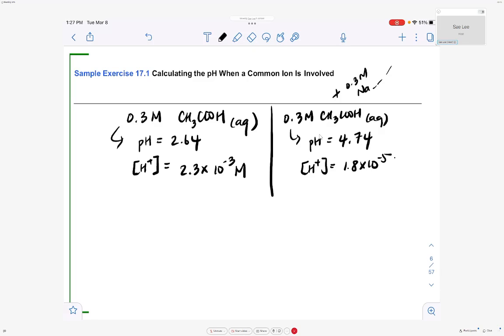As you can see, the proton concentration in this situation is way, way lower than when acetic acid was dissociating alone, right? So there's a comparison.